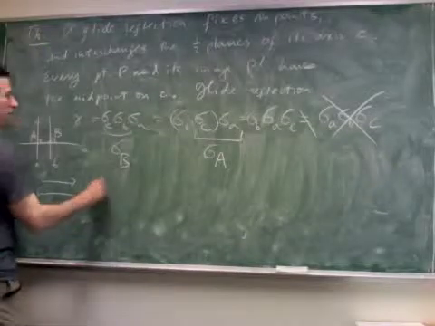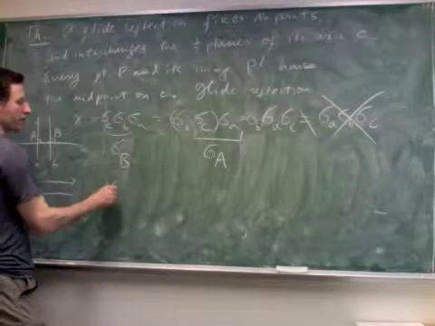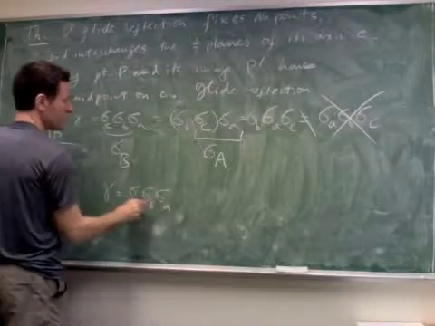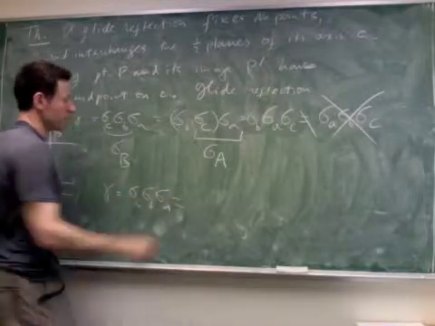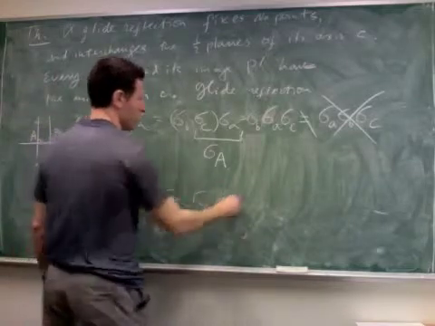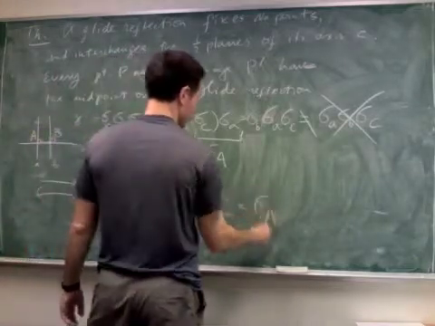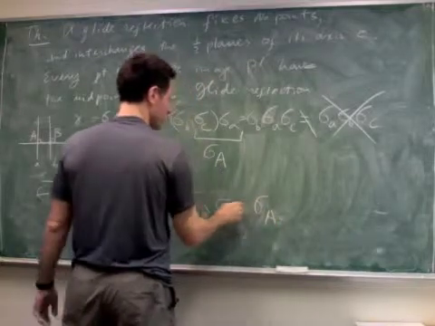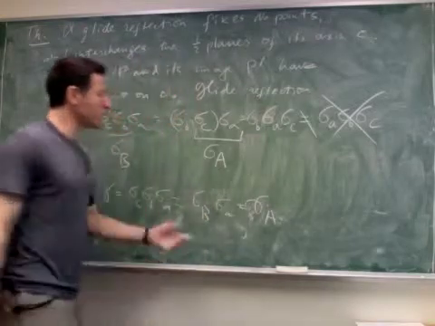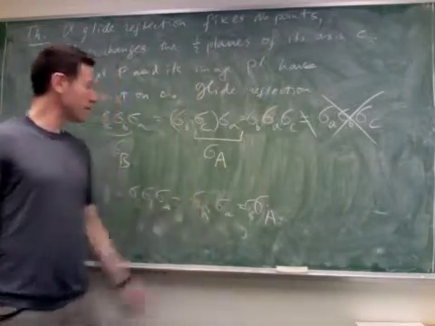Sigma A, sigma B, sigma C, our glide reflection, can be written also as sigma B, sigma A, or sigma A followed by sigma B. So we have one half turn and one reflection.